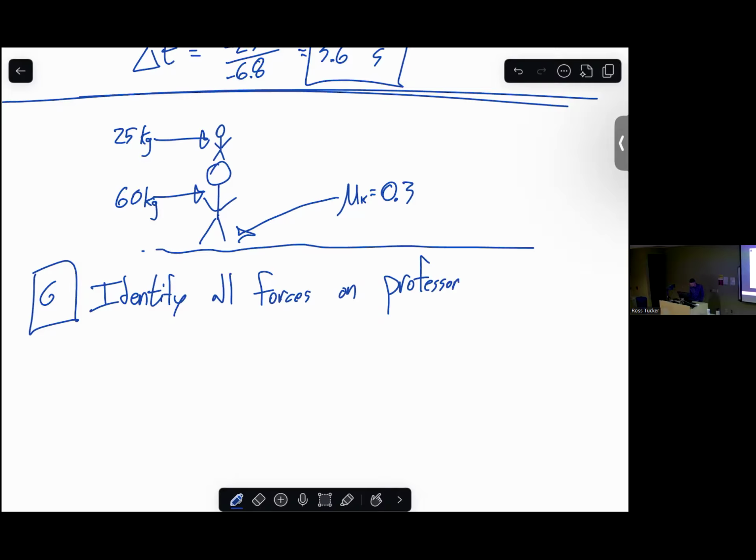This is P, professor or papa, perhaps. And this is Nalo, N, and this is floor, F, and guess what? There's a planet nearby. I'll let you decide which planet we're on. Identify all forces on professor P in triplet notation.